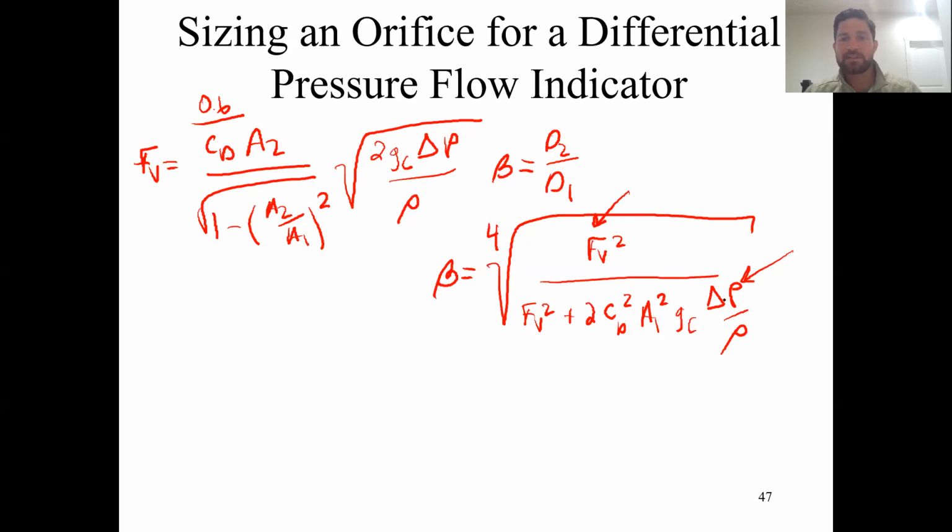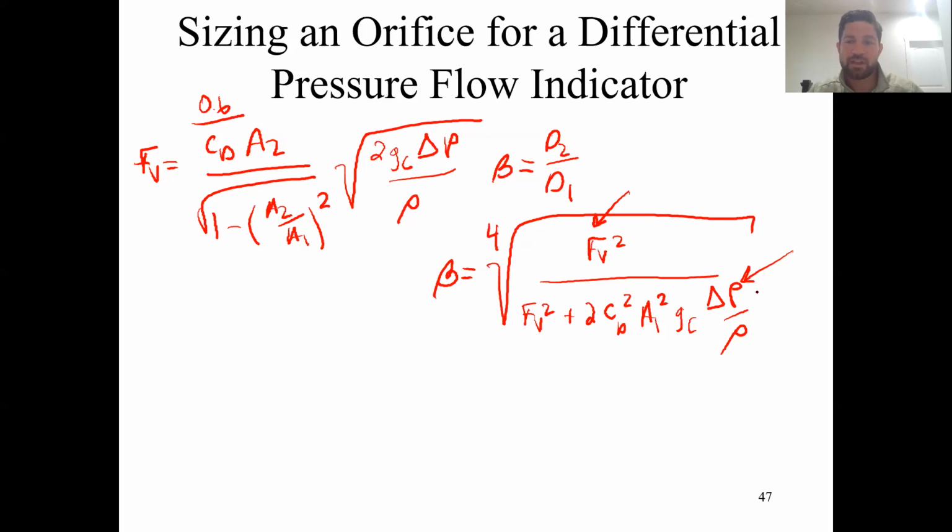What we can see here though is that now that we have this equation right here, if we calculate something that's too big or too small, we can see how to change it. For example, if we're given an orifice plate and we see that the beta is too big at the maximum flow rate, we can see how to change.